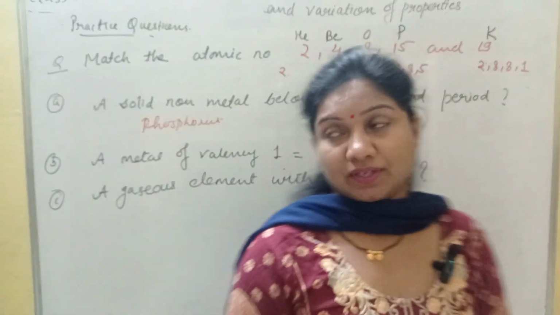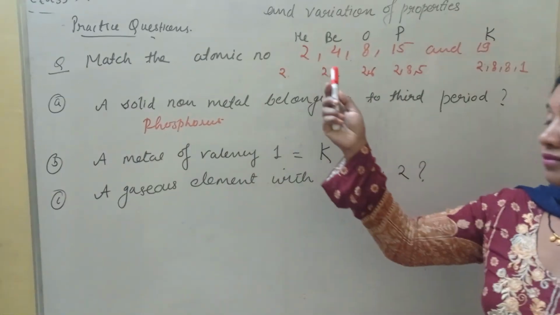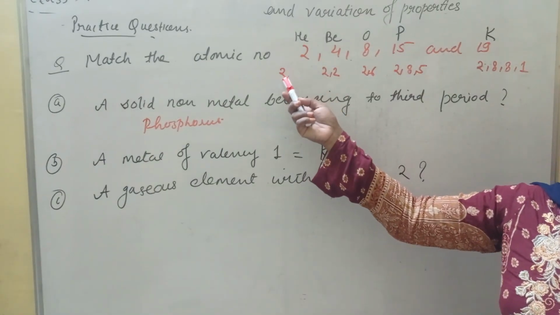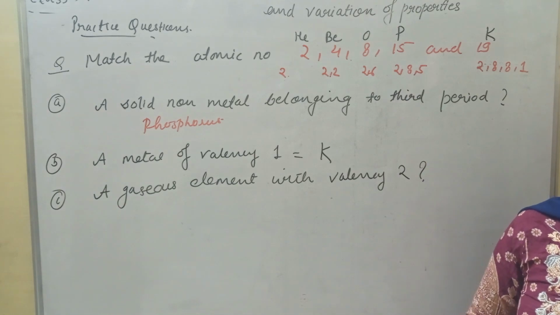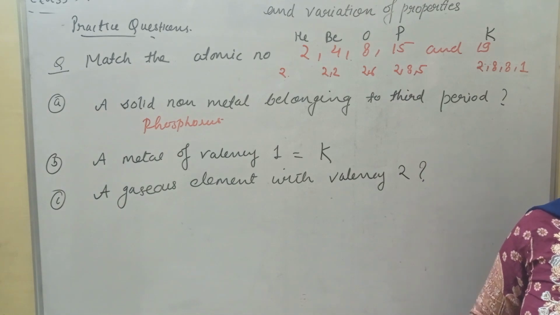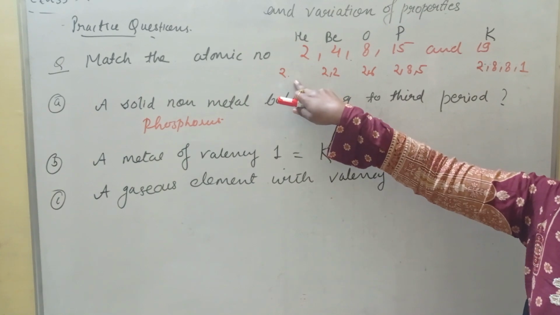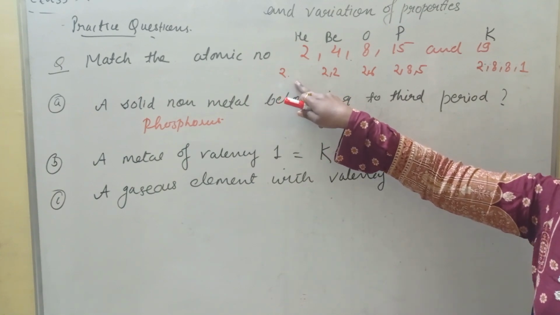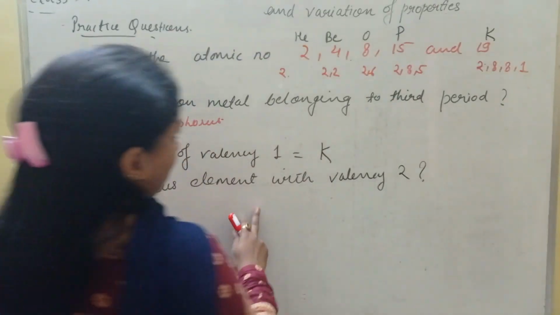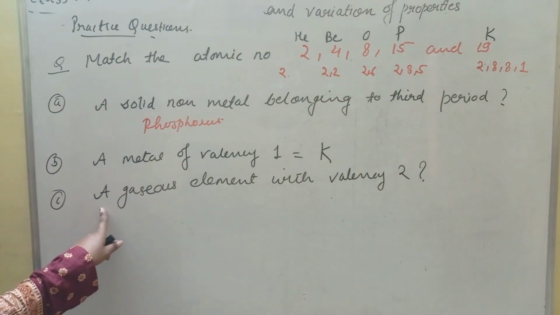Helium shows 2 in the configuration, so you might think it has a valency of 2. By seeing the electronic configuration of 2, you must be thinking that helium is the answer. But no, that is wrong.